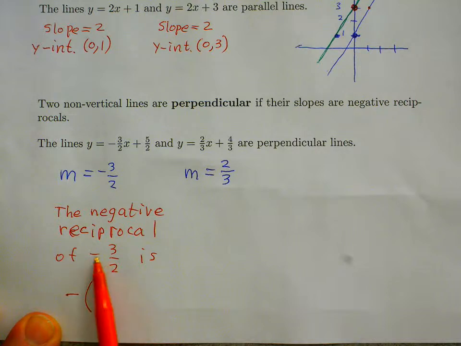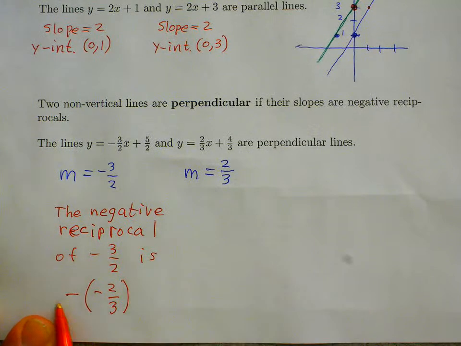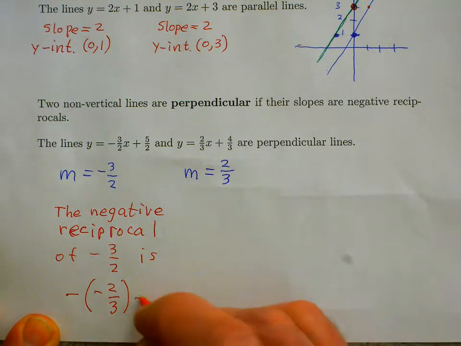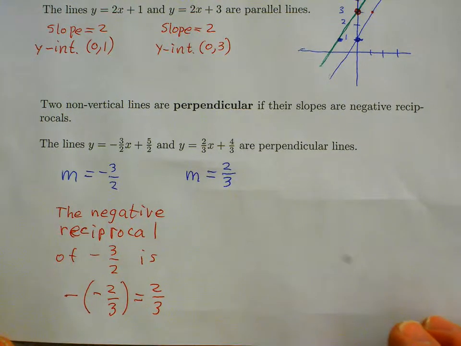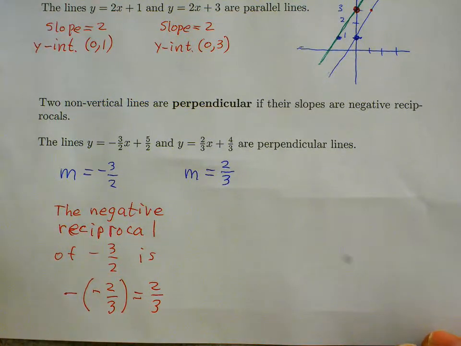So the reciprocal of negative 3/2 is negative 2/3. And the negative of negative 2/3 is positive 2/3. So with a little practice, it will become obvious how to find the negative reciprocal of a non-zero number.